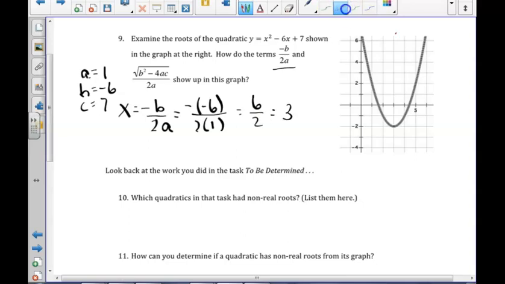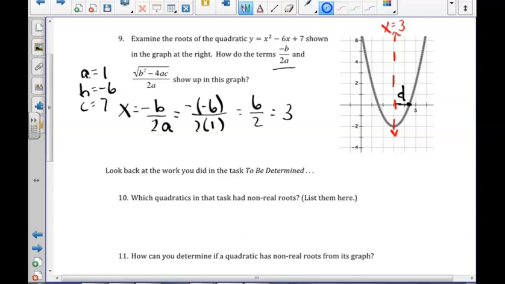And we can see that the axis of symmetry does go through the max or the min, which is right here at the line x equals 3. And then they're asking, where does the root b squared minus 4ac over 2a end up in our function? Well, we do know from our prior lesson that that should be the distance, the d value, from the axis of symmetry to my x-intercept.